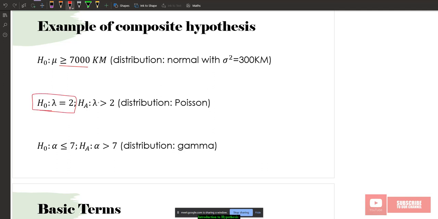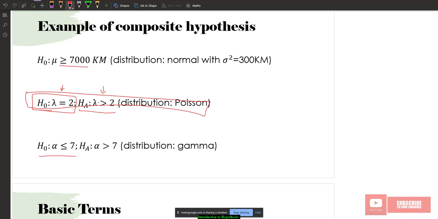Initially we know that this is a simple hypothesis, but when we look at the alternative hypothesis, lambda is more than 2. So this is not a specified value, so this is a composite hypothesis. So all of these are composite hypotheses.